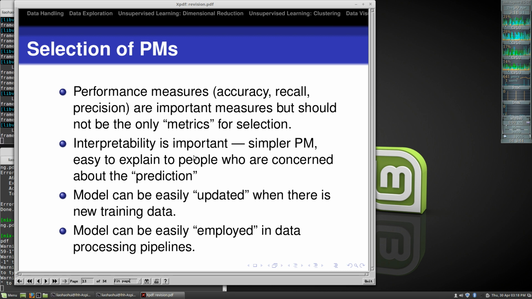If the model is too complex, something like random forest, then it's a bit difficult to explain how random forests work. But for a decision tree, if it's able to make a good prediction, then normally we will try to use a decision tree, because it's not difficult to explain.